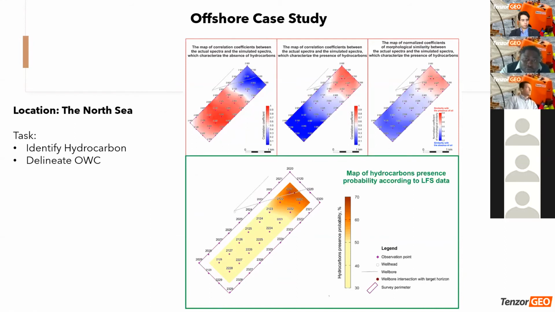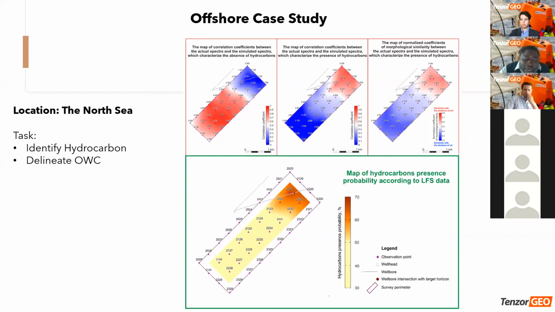And thirdly, is a map of normalized correlation coefficients, which characterizes the presence of oil.